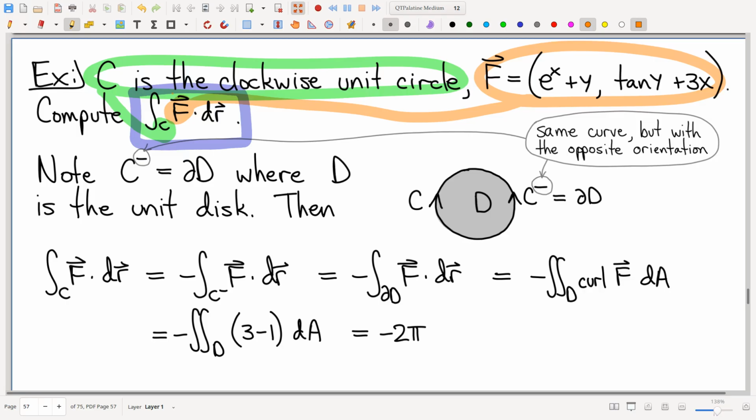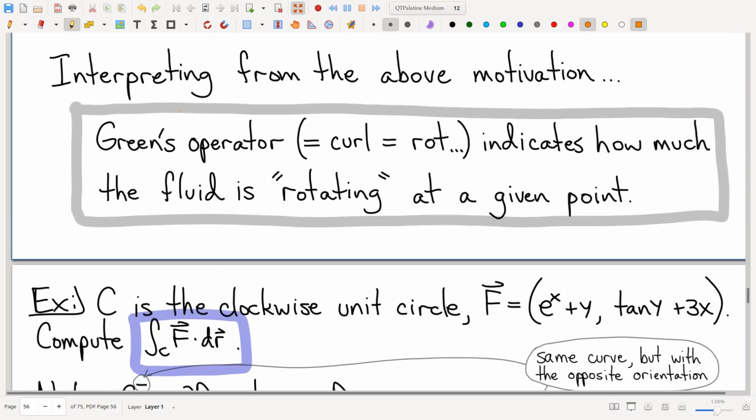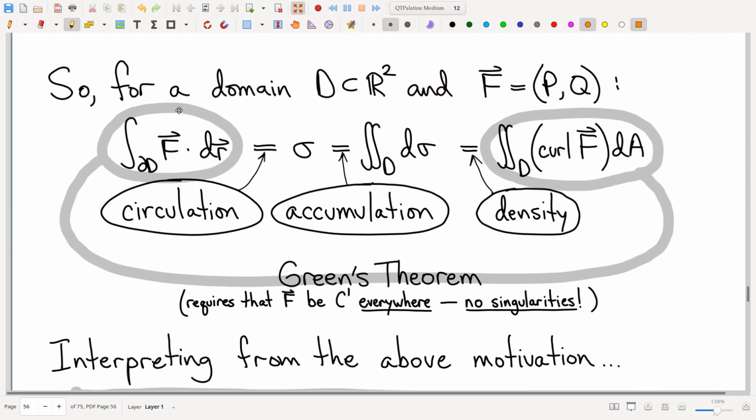Okay, so let's see if we can do this a different way. Vector line integral. Now wait a second. The vector line integral, if I want to use Green's theorem, does compute a vector line integral.